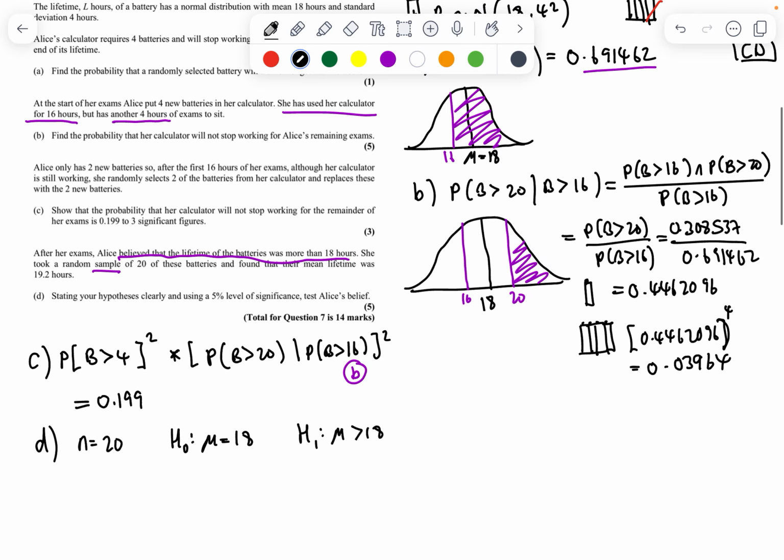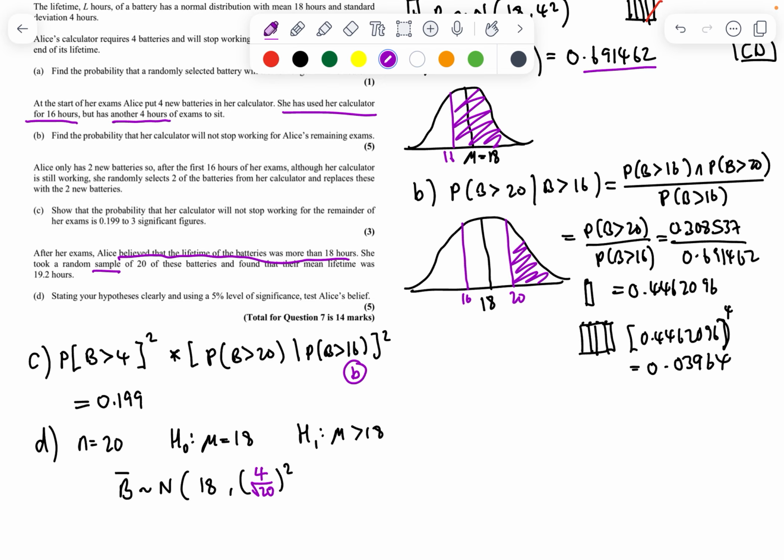and what we need to do, we need to look at our batteries, but remember it's the bar over the top because this is a sample, a mean of the sample. So I've got, that's normally distributed with 18, and then my standard deviation is my standard deviation over the square root of n, which is 20.